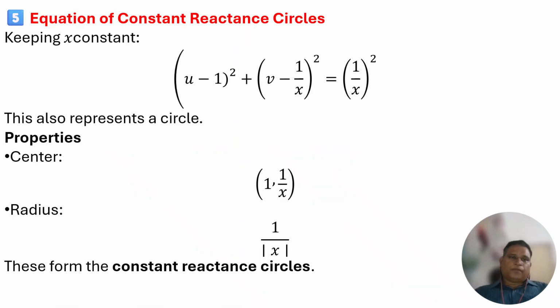Similarly, for constant reactance circles, by keeping X constant and eliminating R, this is the equation we will get. It represents a constant reactance circle with center 1 comma 1 by X and radius 1 by mod X. These are the constant reactance circles.